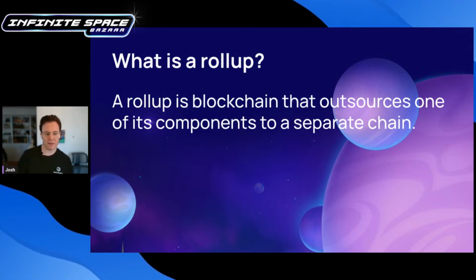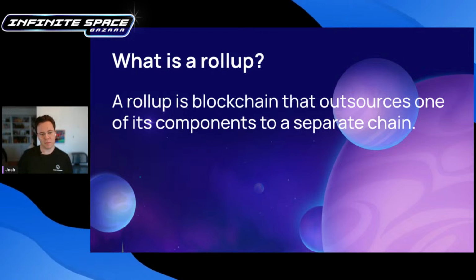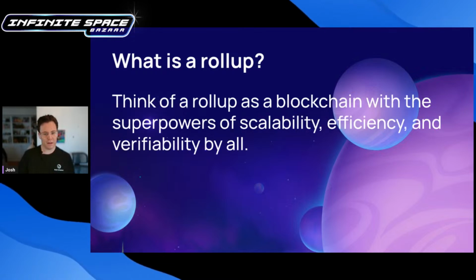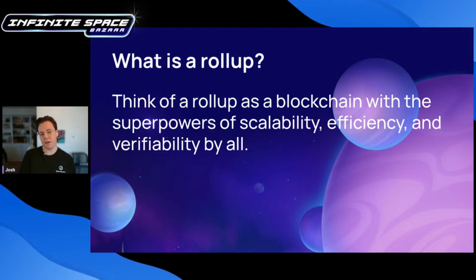A lot of the time when we talk about rollups, they're almost in their own world, where we think of them as a different thing than a blockchain, but at the end of the day, they are just a blockchain with a slightly different design than we're used to. We can think of a rollup as a blockchain with the superpowers of scalability, efficiency, and, in the case of using Celestia for DA, verifiability by all.